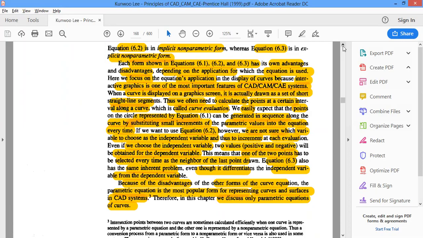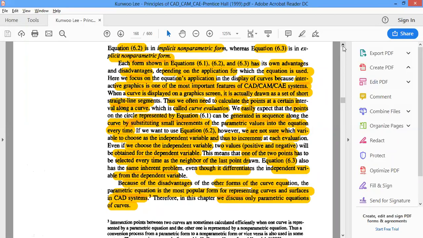Such equations will be used when we give the input equations to the system. We will not make use of the non-parametric form of equations because for the same value they will have two answers. That is a disadvantage. It can be on the positive side, it can be on the negative side also.